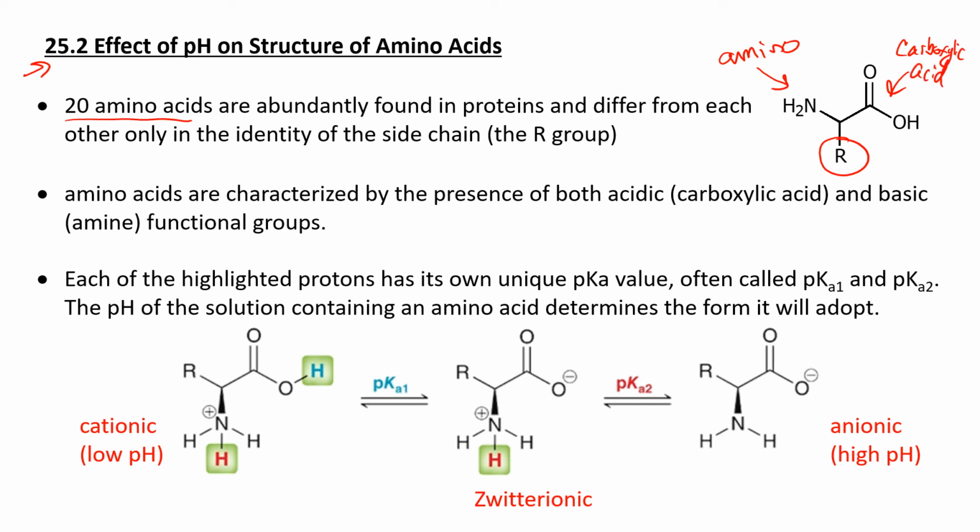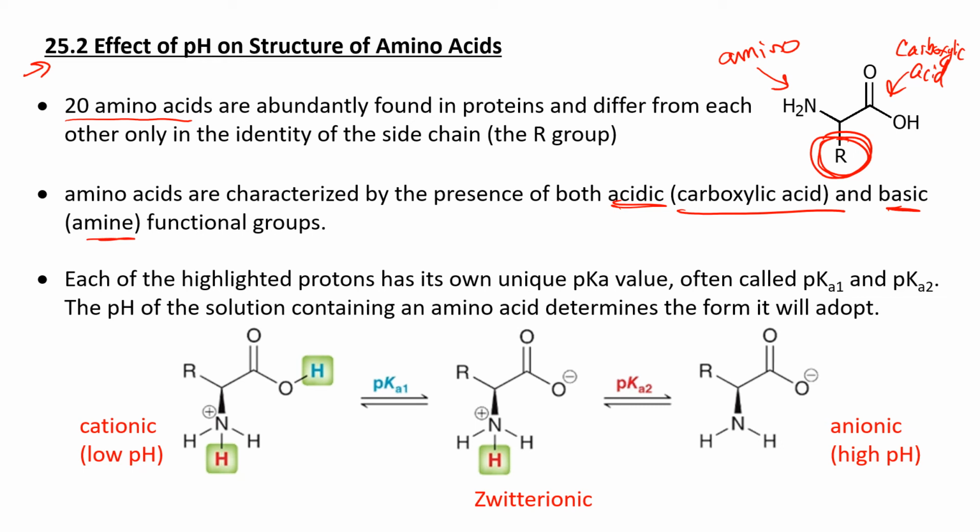So it's an amino acid. And the only difference between our 20 amino acids is the identity of the R group. So amino acids have that carboxylic acid, which is acidic, and a basic amine, so two functional groups.